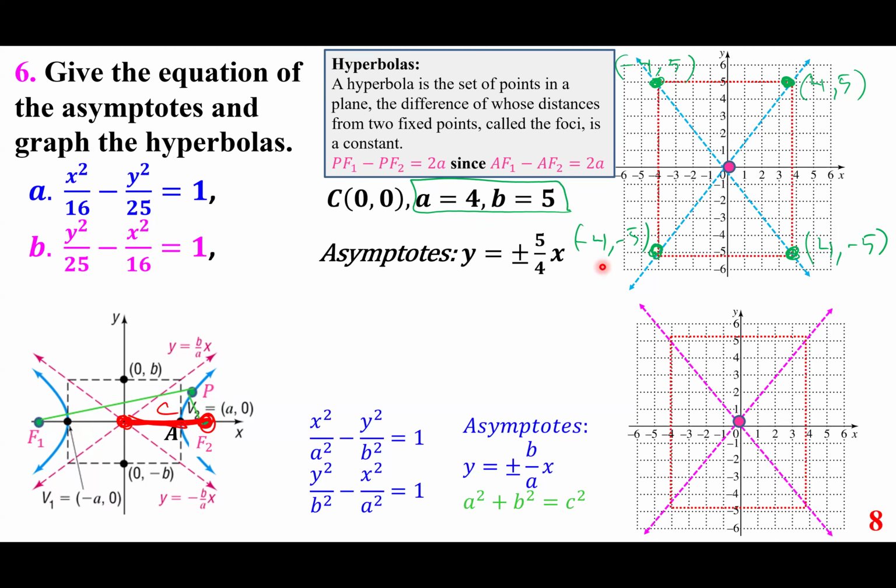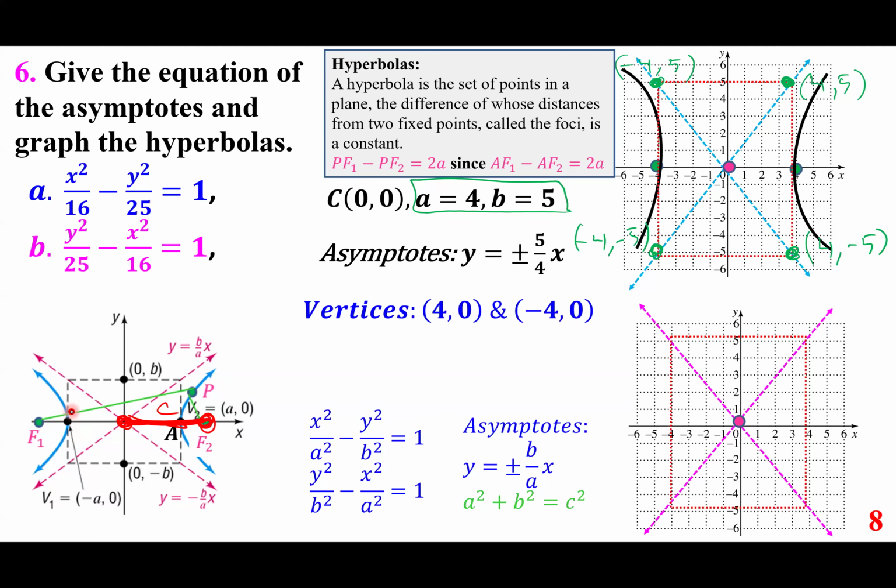Now, for the blue one, the vertices are at A, 0 and minus A, 0. That means 4, 0, minus 4, 0, because this one opens sideways. So these are the ones, that's the graph, you're done.